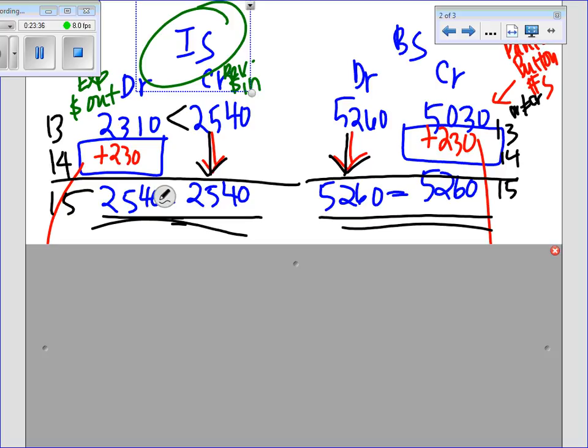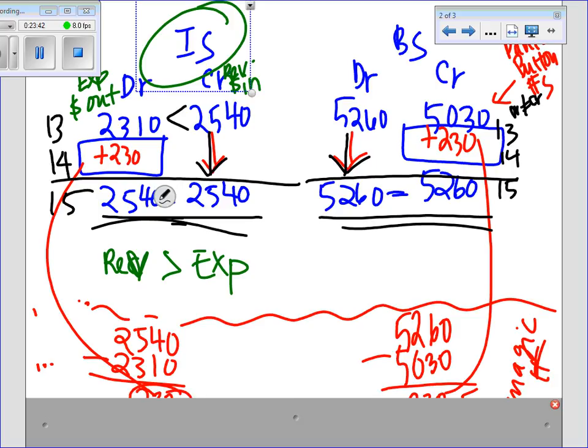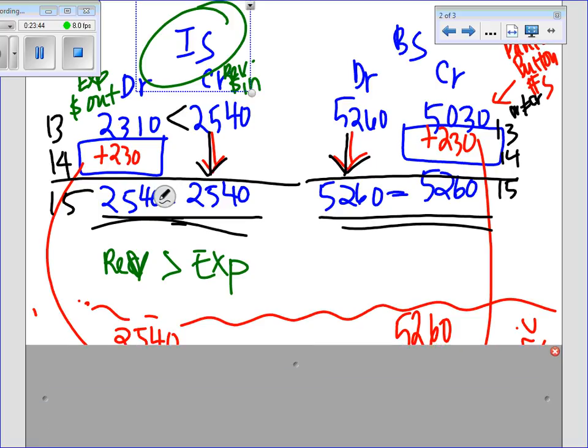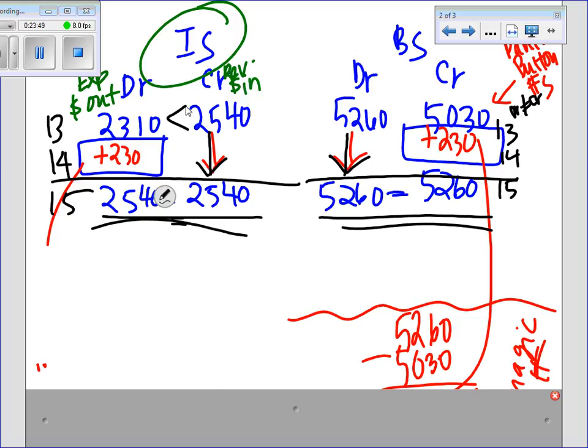Now, can I really throw a curveball at you? What if all of these numbers had been flipped? Here's me just doing some extra math here. What if we had, and I don't write this in, but this is just kind of a theory-based what if, our revenue was 2,310 and our expenses were 2,540?